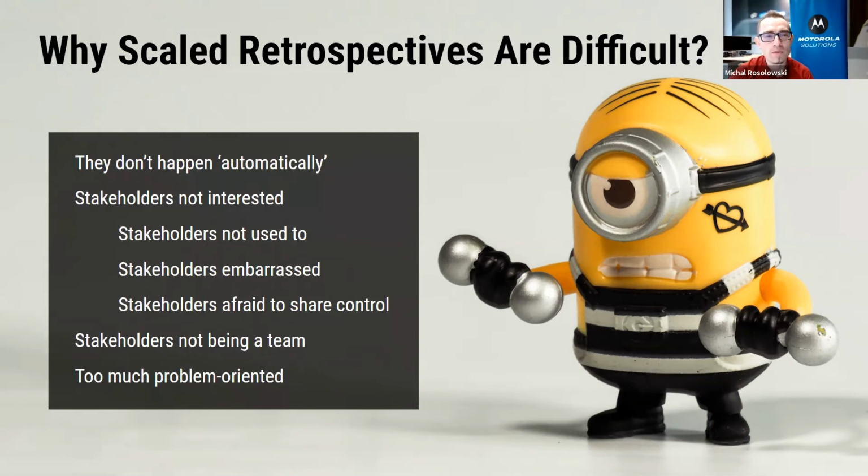Now, an even bigger problem is that your stakeholders might not be interested in playing retrospectives, because they are not used to them, because they feel embarrassed, and because they are afraid to share control. They are embarrassed sometimes because some of them may think that they were employed to know what's right or wrong and to do things on their own with their own hands.